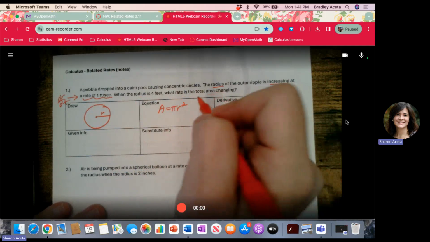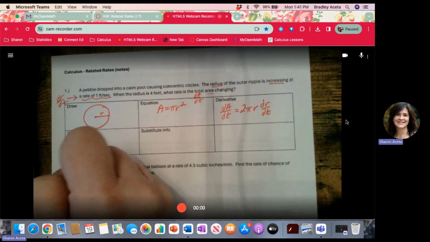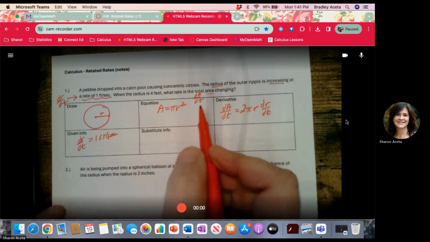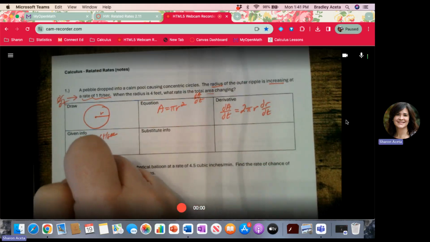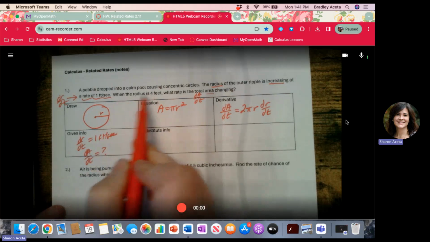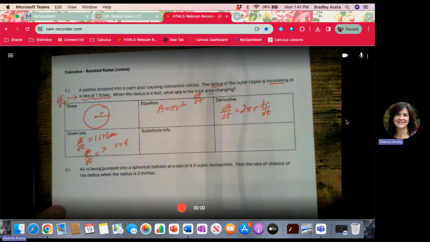That's dA/dt. So we know dr/dt is 1 foot per second. We know dA/dt is what we need to find. And the only other thing we have is the radius is 4 feet. So that's just r equals 4.